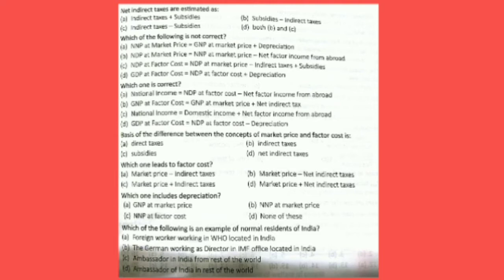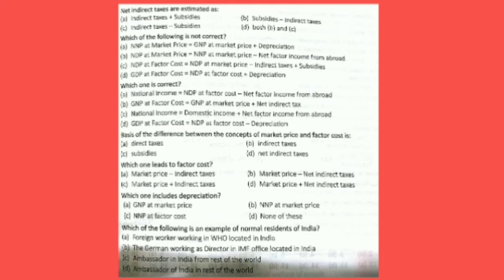It is right. Then NDP FC is equal to NDP MP minus indirect taxes plus subsidy. That is also right. Then GDP FC is equal to NDP FC plus depreciation. That is also right. So the first option here is the wrong answer.